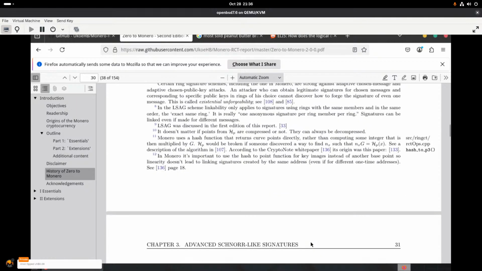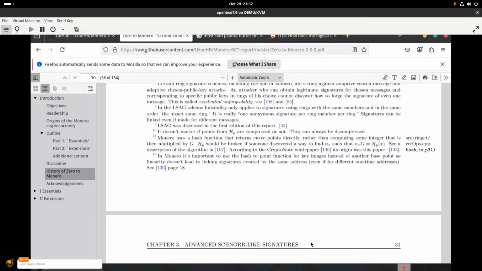Monero uses a hash function that returns curve points directly, rather than computing some integer, that is then multiplied by G. Hp would be broken if someone discovered a way to find n_x such that n_x G equals Hp(x).